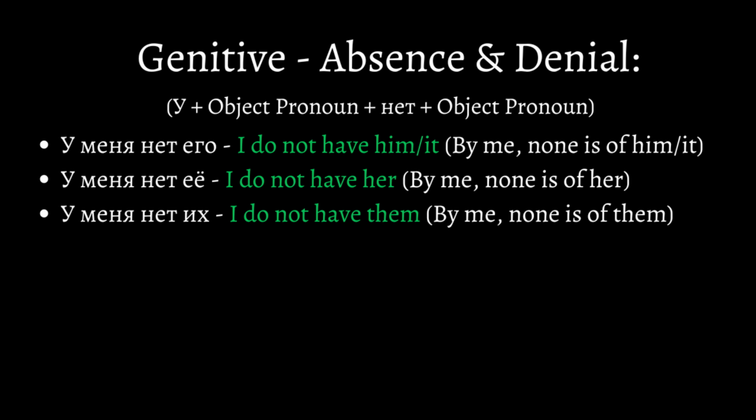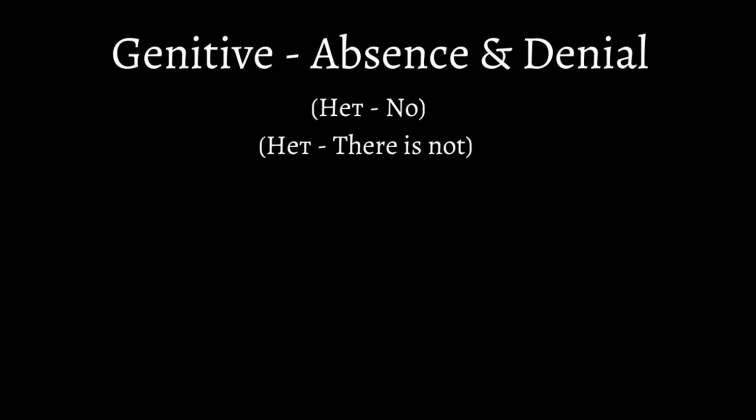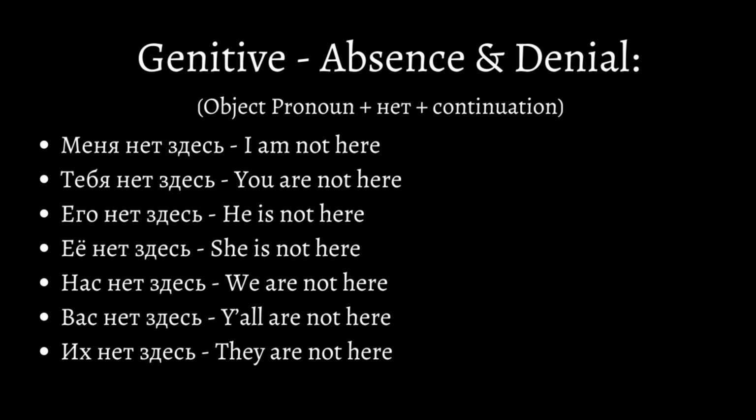Furthermore, the Russian word нет means no, but it can also mean there is not. These meanings are very similar because they indicate that there isn't anything at all, showing absence when it's used with something or someone. A very good example of that can be меня нет здесь, тебя нет здесь, его нет здесь, ее нет здесь, нас нет здесь, вас нет здесь, and их нет здесь.